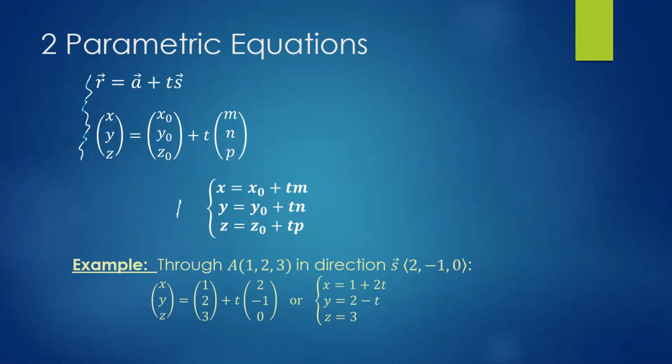And these are the parametric equations, 3 of them, as you can see. But remember that t can be any real number. Yes, that's right. t can be any real number, but t has to be the same for all 3 coordinates. Otherwise, it's not a point on the line.